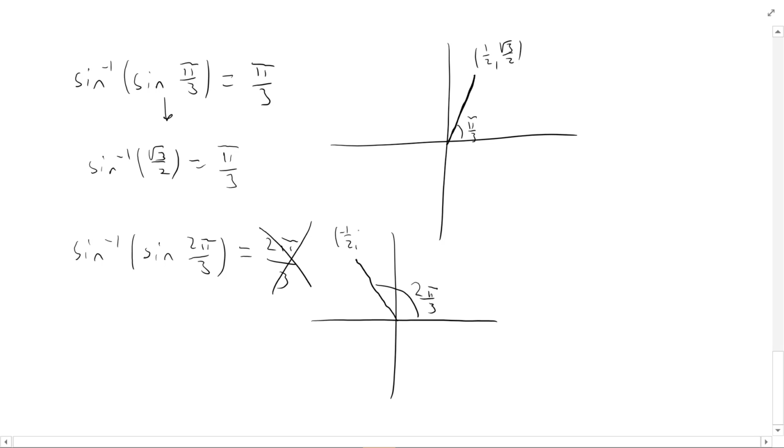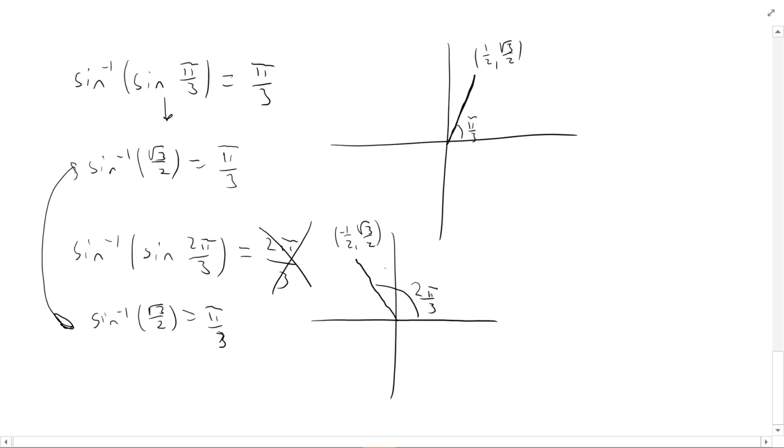Our point is negative 1/2, root 3 over 2. So notice I get sine inverse of root 3 over 2. Now notice these two are the same. So I should get the exact same answer. So pi over 3. So what ends up happening is, remember what I said, it always spits out numbers that are on the right half of my circle.